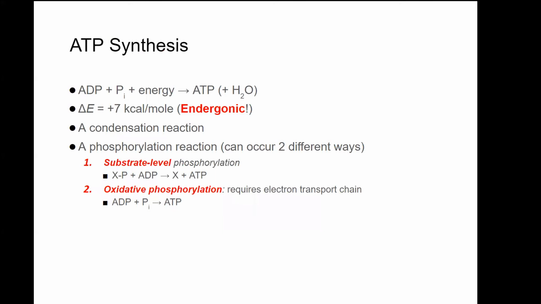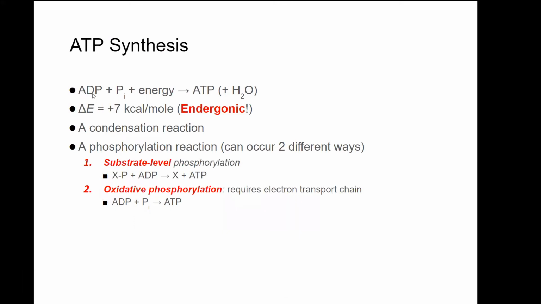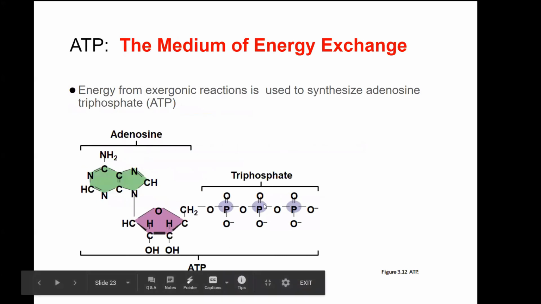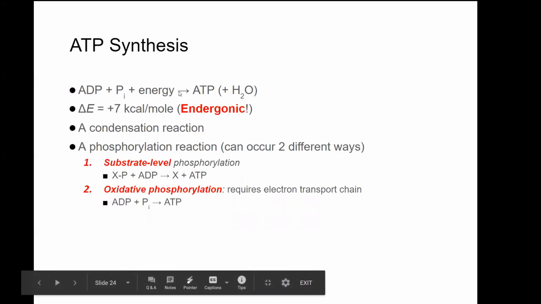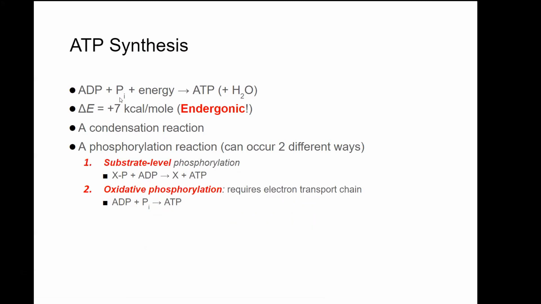Okay, so to synthesize ATP, we need ADP, which is the adenosine plus two phosphate groups bound on covalently. It would just have two phosphate groups here. And then if we want to make ATP out of it, we need to add an additional phosphate group. That's what you see here.